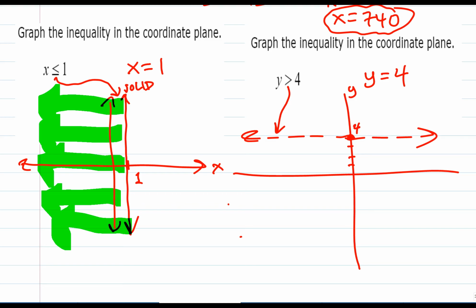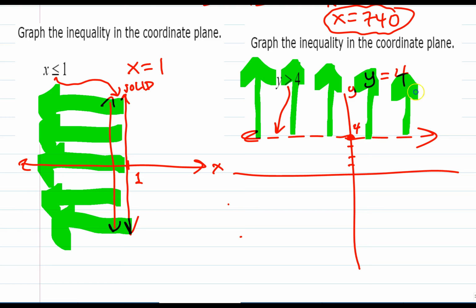Now we have y is greater than 4. Where are values greater than this? Notice it doesn't make sense to say left or right anymore, does it? When it's x values, it's left or right; when it's y values, it's above or below, and greater than would be what? We would shade everything above this line.